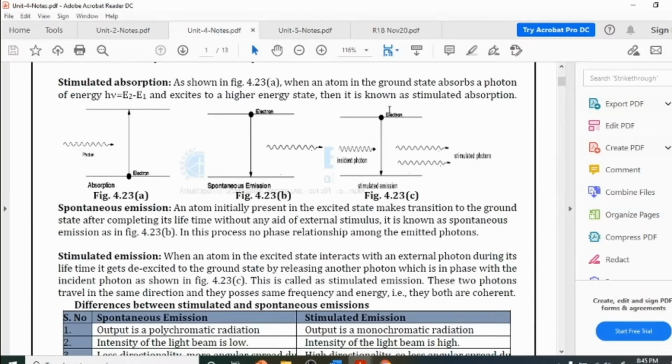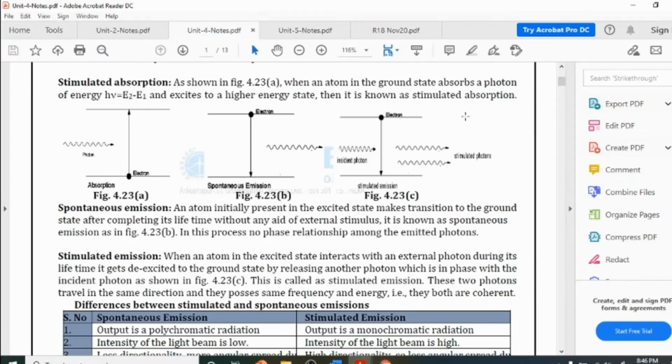And if the electron in the higher energy state interacts with an incident photon, then instead of going into further higher energy states, this electron would come down to its original state, or the subsequent lower energy level, releasing another photon which is in phase with the first photon.